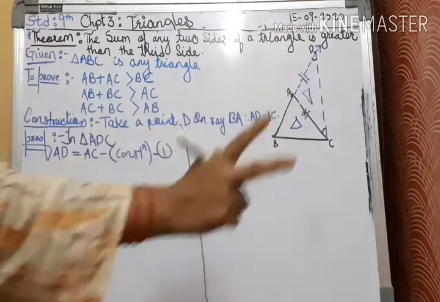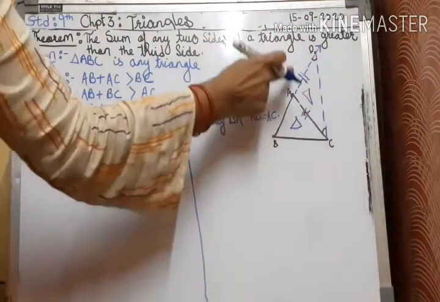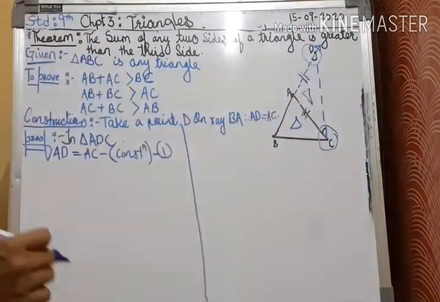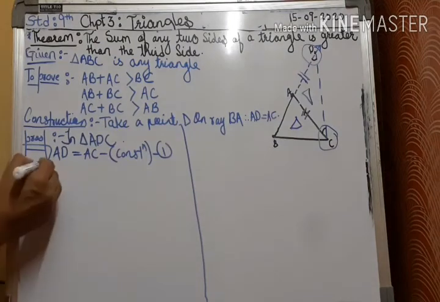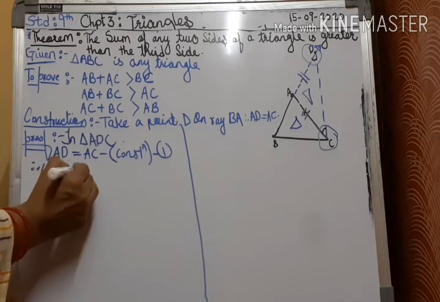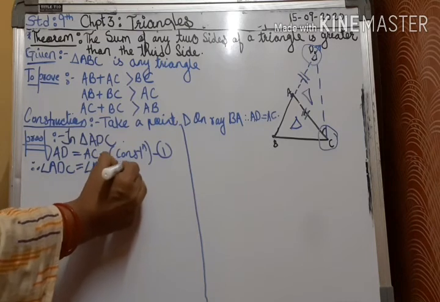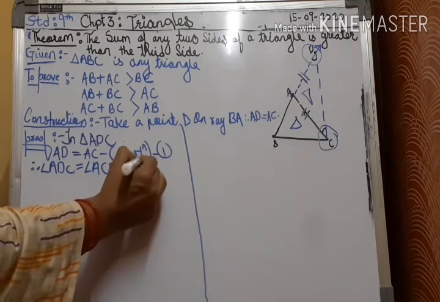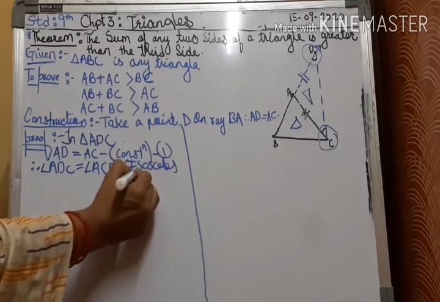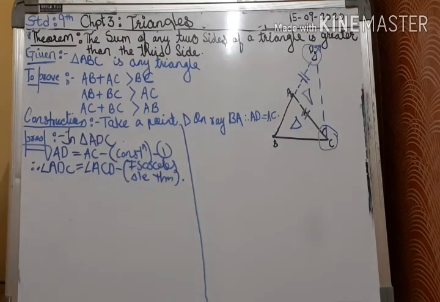Angles opposite to two equal sides are equal in the isosceles triangle theorem. So if two sides are equal, then two angles D and C are also equal. So we will write, therefore, angle ADC is also equal to angle ACD. Reason: by isosceles triangle theorem.